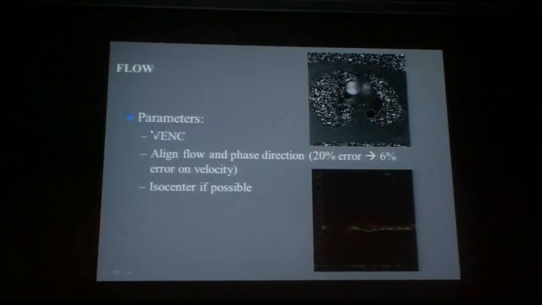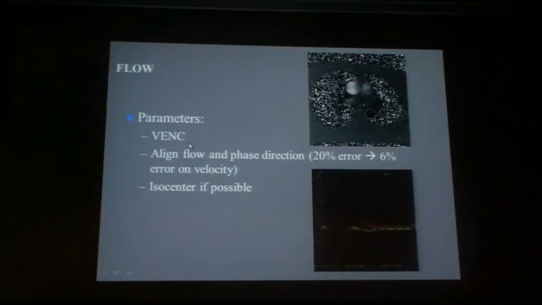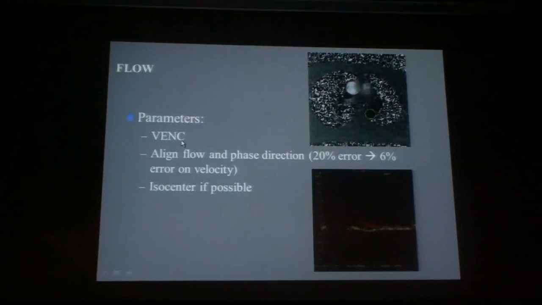So again, over here you have to work on the VENC, which is the maximum velocity that you believe is going to happen in your vessel, so that you don't saturate your spins. So you have to know before you perform your acquisition what is the maximum velocity in, for instance, the aorta. So you're usually going to find 200 centimeters per second.